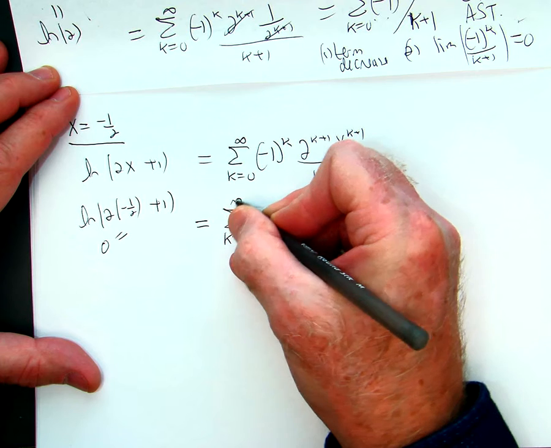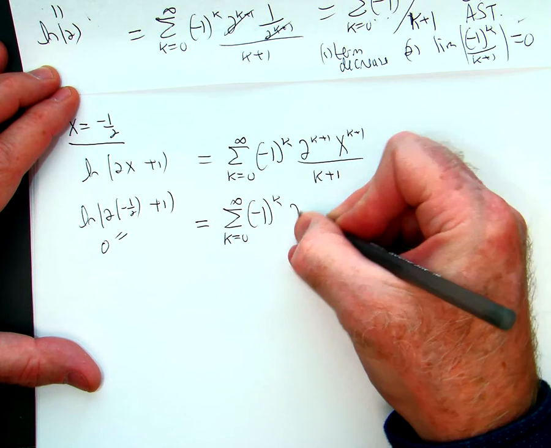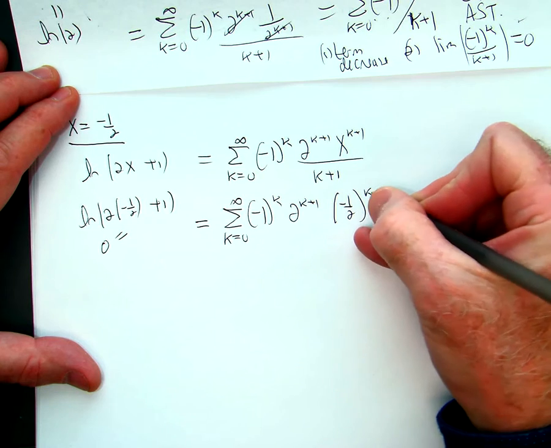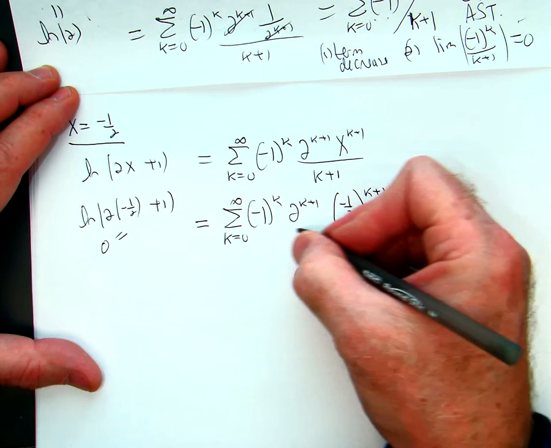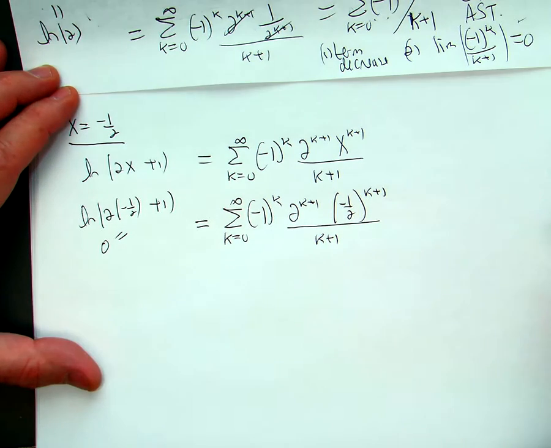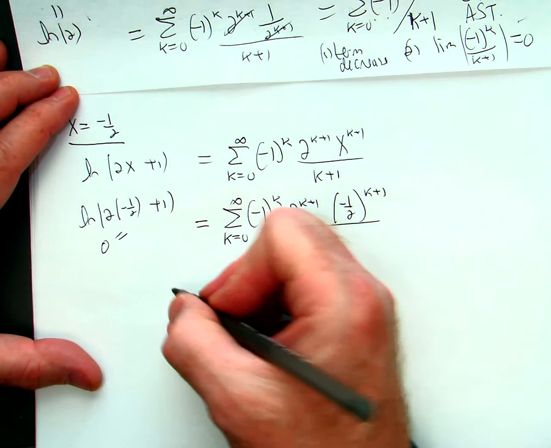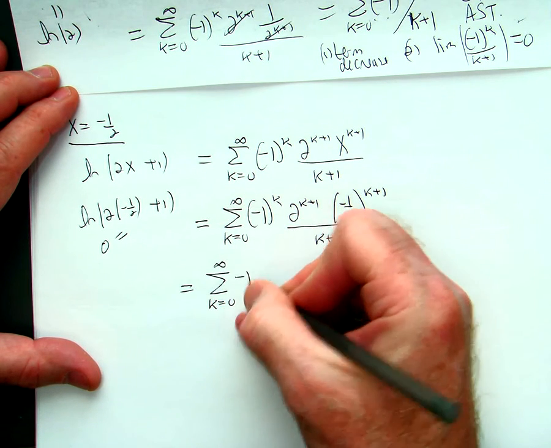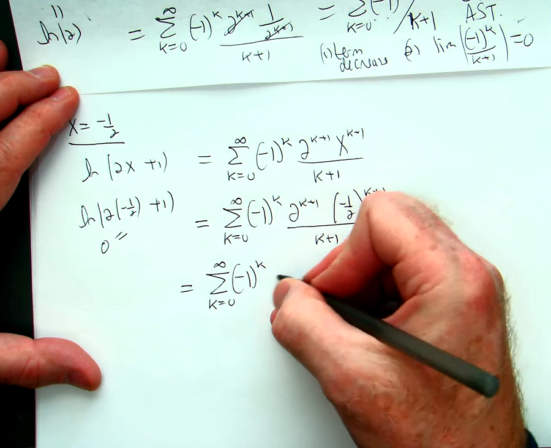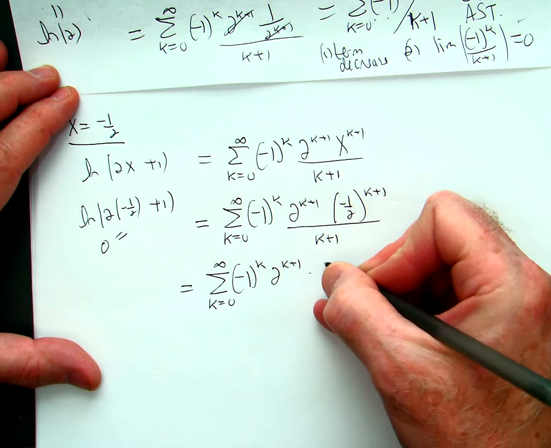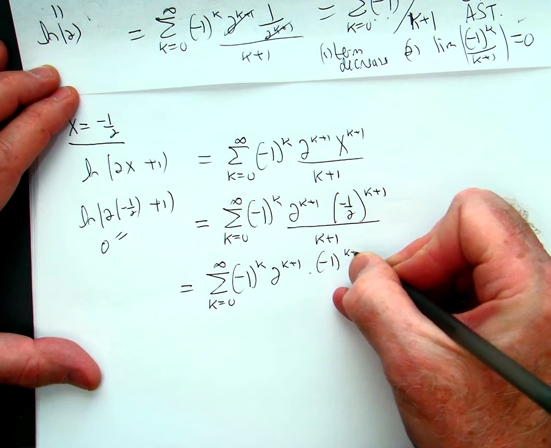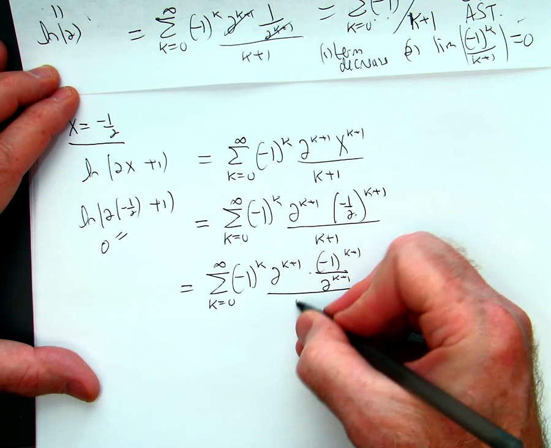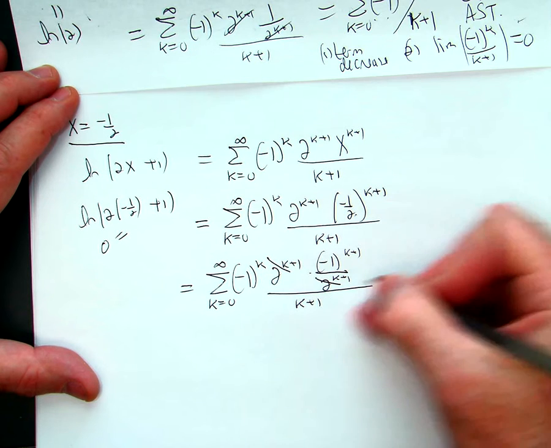It suggests this series will diverge, but let's see what happens. So we plug in x equals minus 1/2 for that, all over k plus 1. And what I'm going to get is, here, I'll just do it here. I think we have enough room. This is going to be 2 to the k plus 1 times minus 1 to the k plus 1 over 2 to the k plus 1, just distributing that exponent, all over k plus 1, cancels.